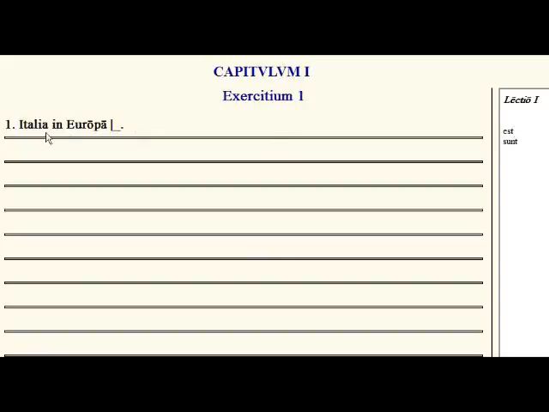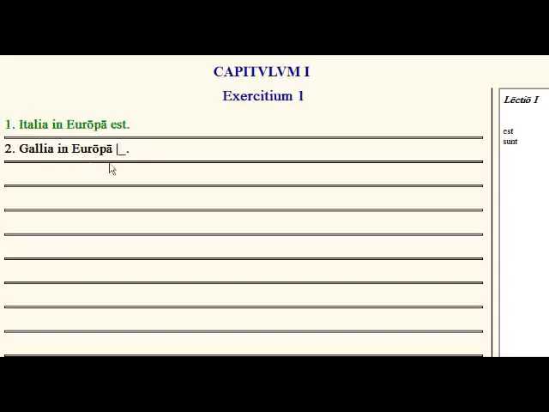So when we see Italia in Europa, we type in est, and it says that we got it correct. We get a nice pleasant sound and a green check.